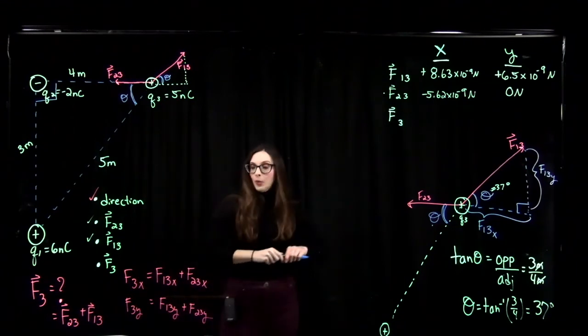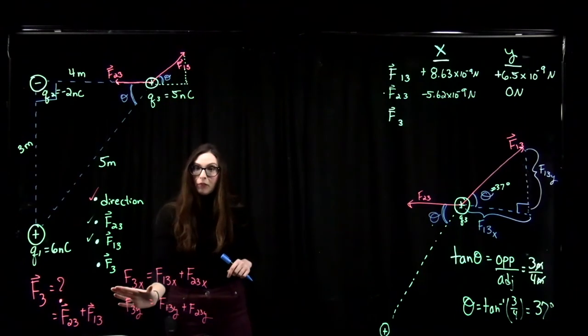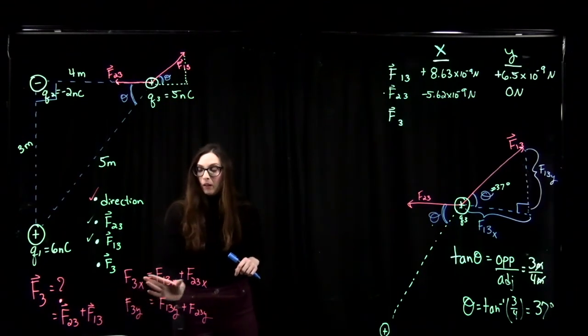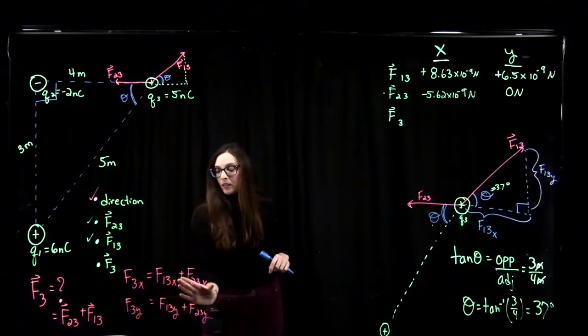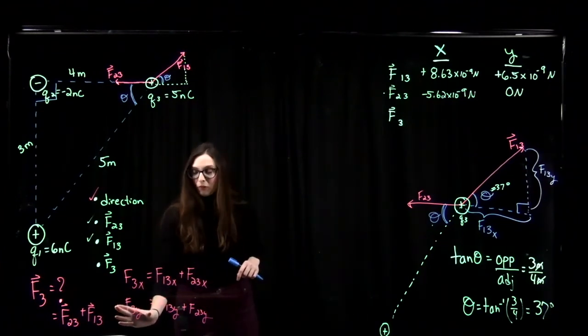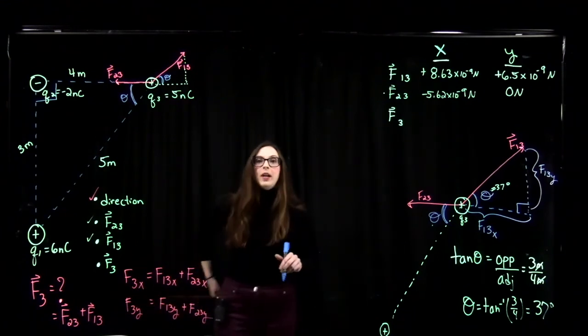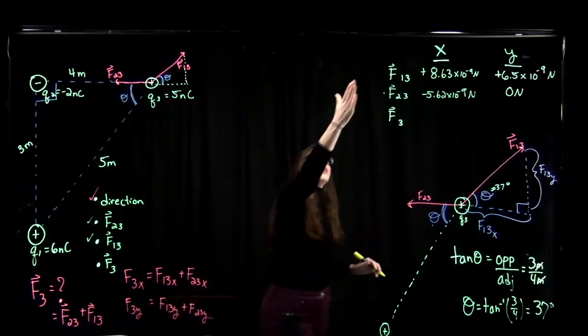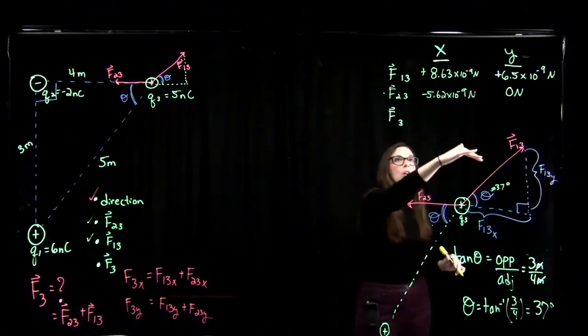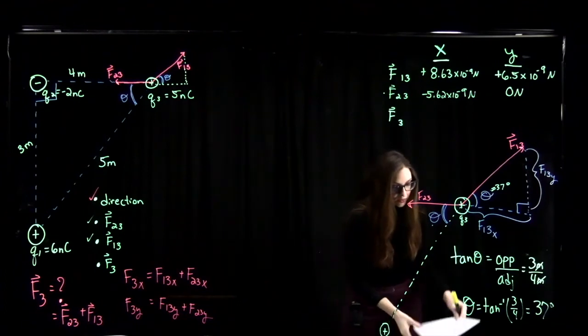Now, we wrote down here that the x component of F3 is going to be the sum of F13x plus F23x, and then the y component of F3 is going to be the sum of F13y plus F23y. Well, actually, we already have our chart arranged really nicely here for us.